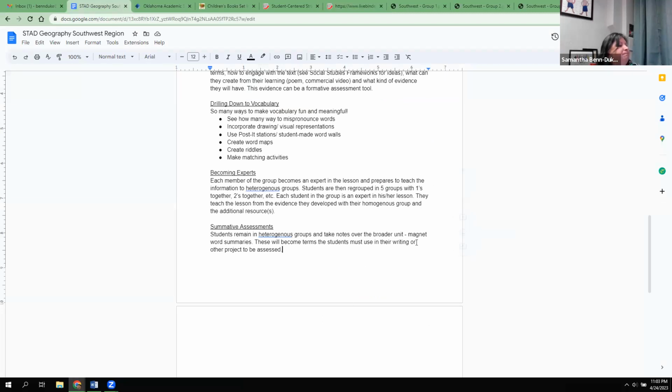And then those terms that they use on that document will then become the terms that they use in their writing or whatever project it is that you are going to have them do to be assessed. Are you going to have them comparing something or creating something, analyzing something, or just doing a simple kind of writing?